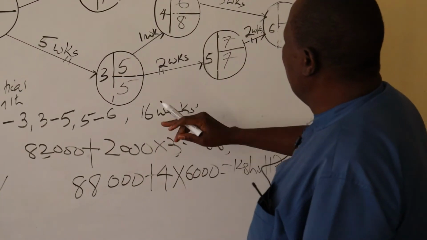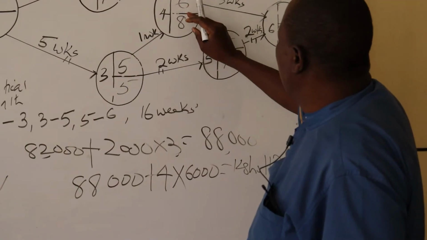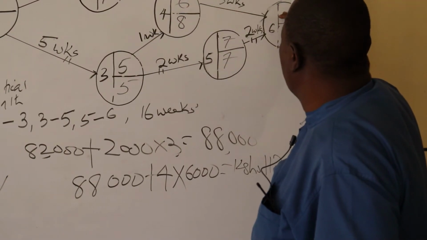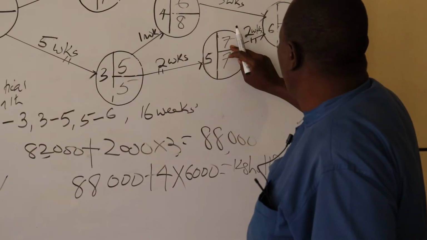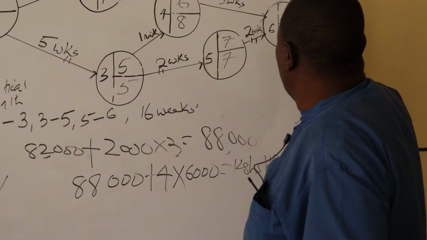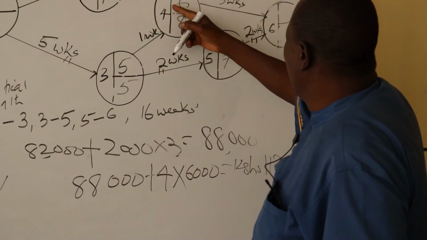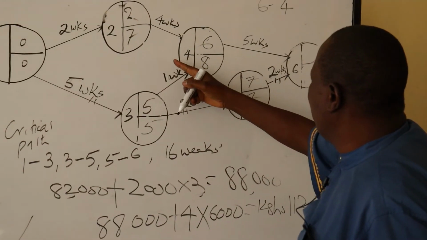This is 5 plus 1 is 6. 6 plus 5 is 11. 7 plus 2 is 9. So this now becomes the longest path here.